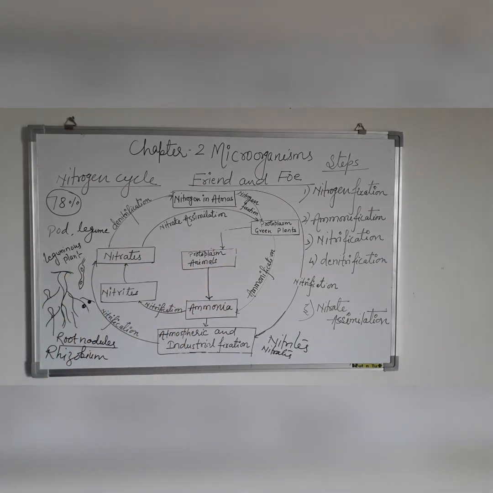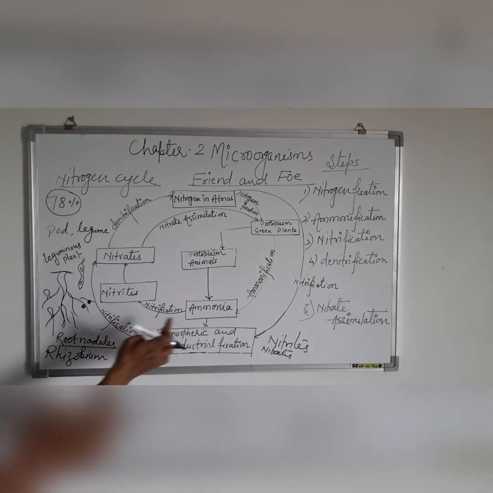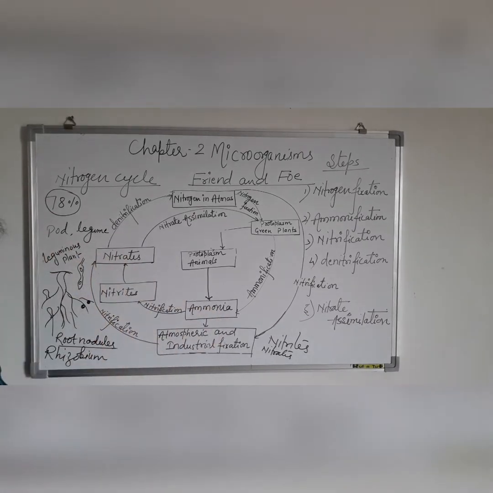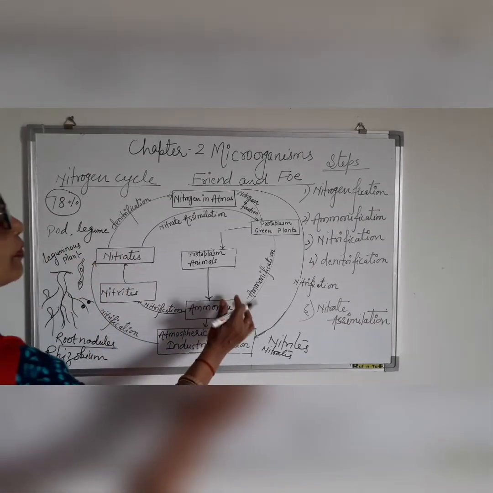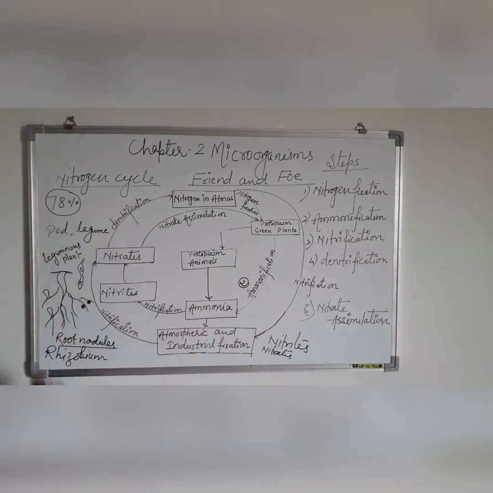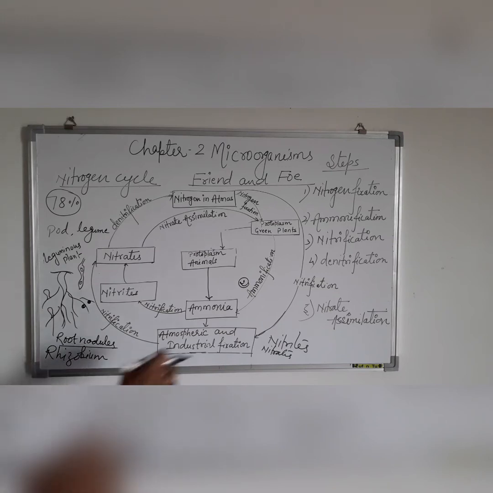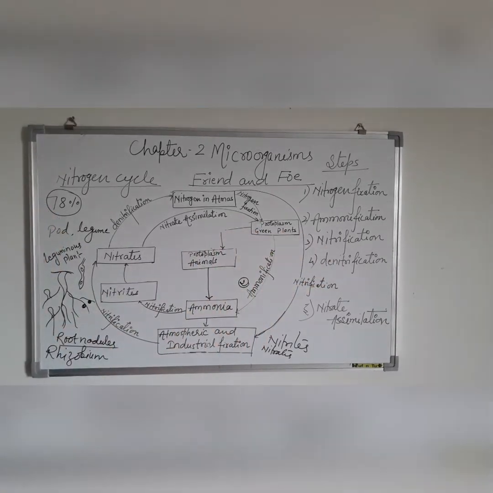They are broken down with the help of those bacteria and convert those complex proteins into a simpler form, which is called ammonia, and the process is called ammonification. So ammonification is a process of conversion of complex protein into simple ammonia.